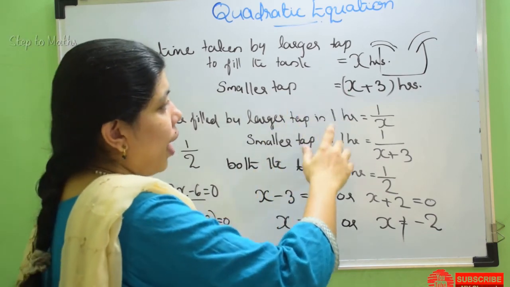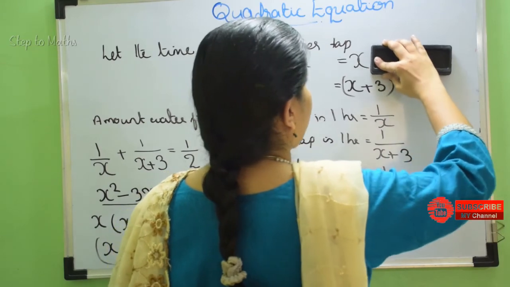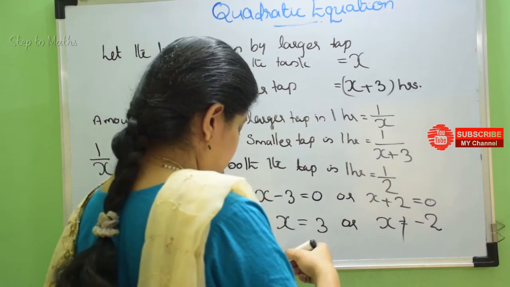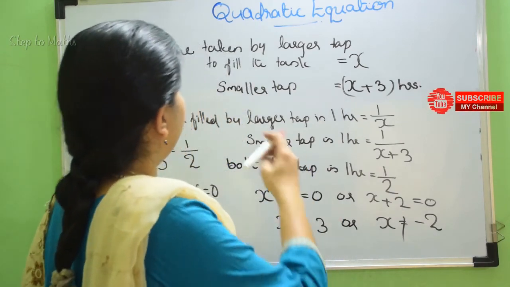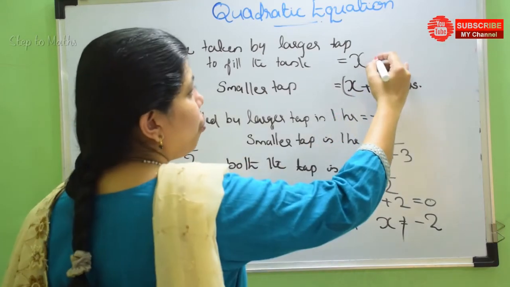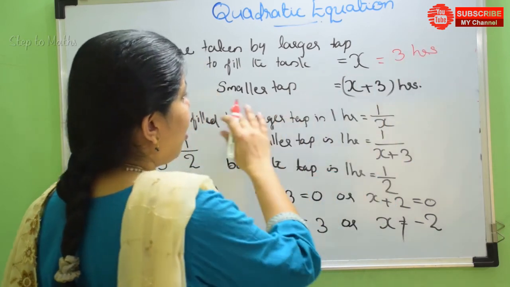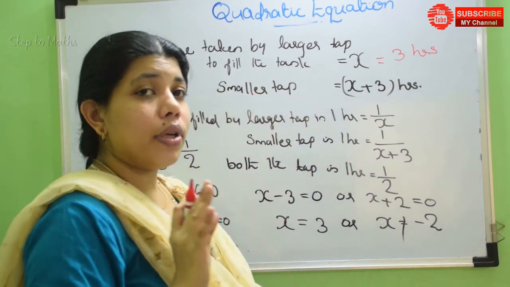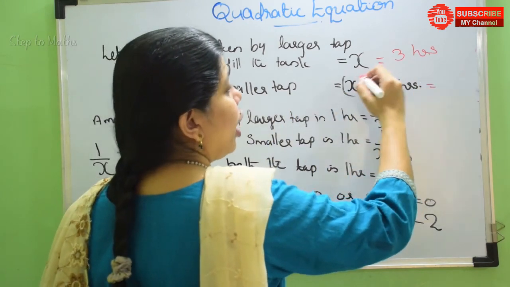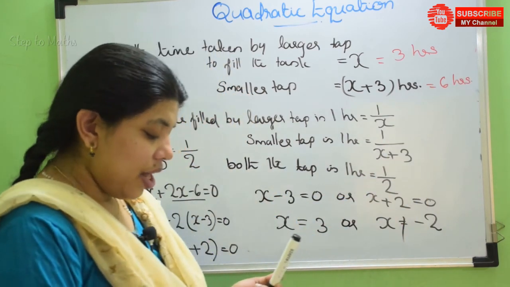So, we can conclude that the time taken by the larger tap to fill the tank is 3 hours, and if the smaller tap is alone, it takes x plus 3, that is 3 plus 3, 6 hours to fill the tank.